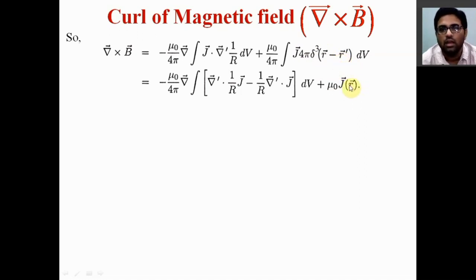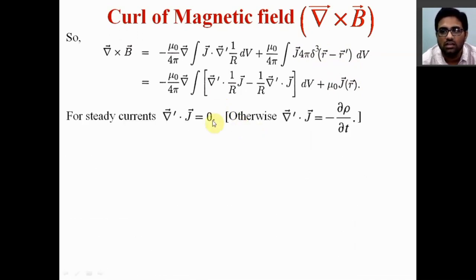Okay. Now as we are dealing with steady currents here, del prime dot j is 0, otherwise del prime dot j will be minus del rho del t. So what it means? In general, if the charge density changes with time, then del dot j will be equal to minus the time rate of change of charge density in a particular region.